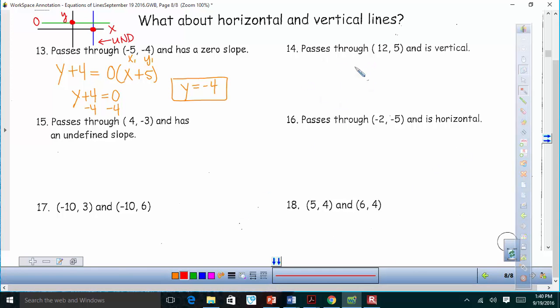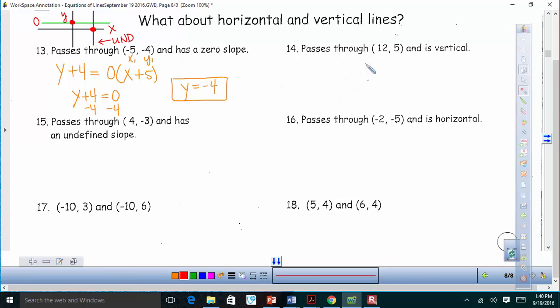Okay, let's try, what if it's vertical? So we know 0 slope, but then it says it's vertical. So if I plug in, what slope is vertical? Undefined. Can you multiply by undefined? So you have to know what type of graph is vertical. We said that a vertical line passes through what letter?